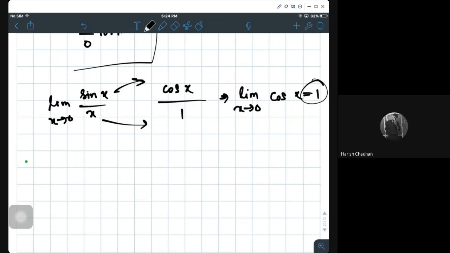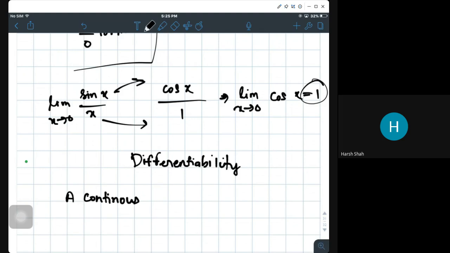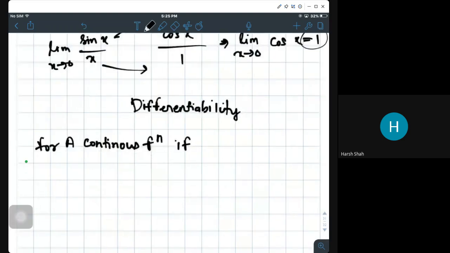Clear, sir. Now this is continuity. Now based on continuity, we have differentiability. So what we do is, for a continuous function, we take the limit as h tends to 0 plus.